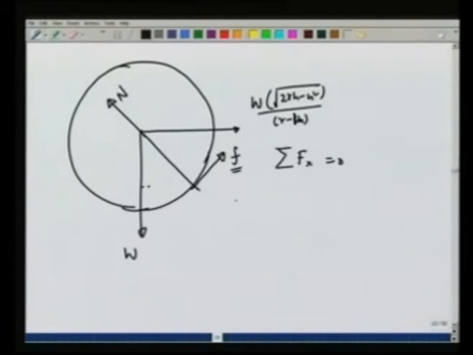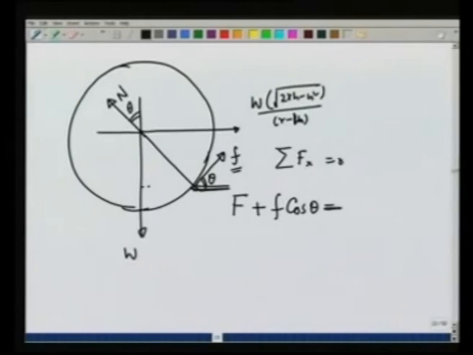So, I find that F, that is the force that we are applying, plus f cosine theta, let us say this angle is theta, should be equal to, if this angle is theta, then this angle would also be theta, because this is perpendicular to F and this line is perpendicular to this line.